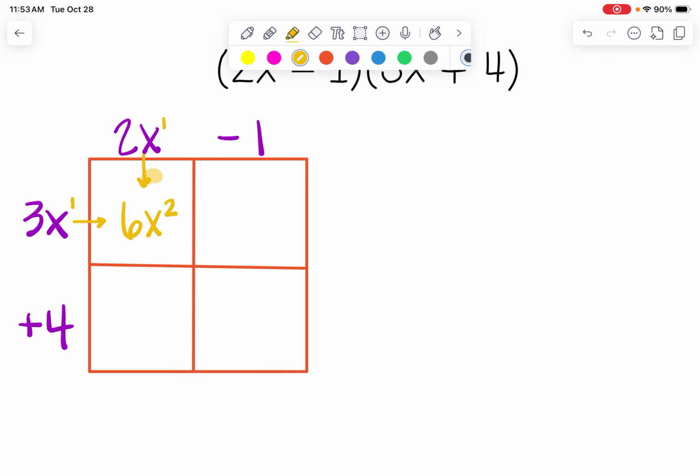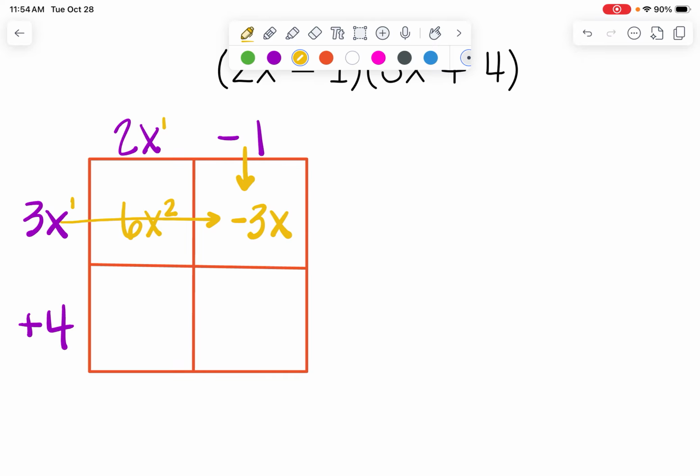Then I keep going. Now I'm going to do the top right box. Again, you can do this in whatever order you want. So now I'm going to multiply -1 times 3x, which is going to give me -3x. Again, remember, I can only add like terms in math, right? But I can multiply anything I want, right?